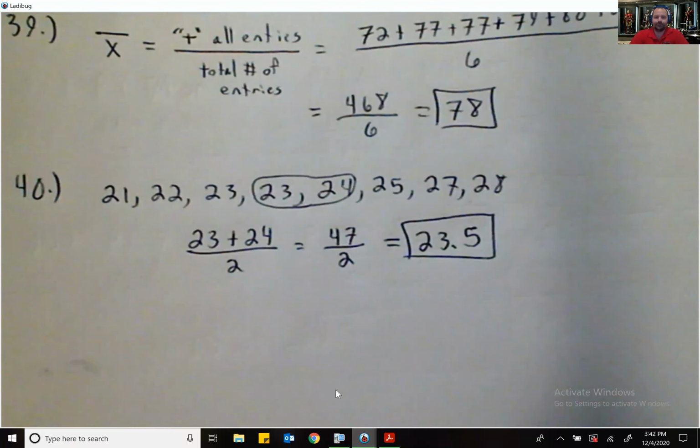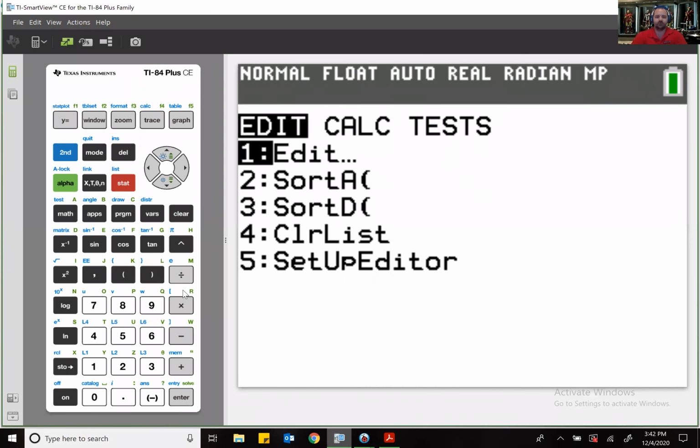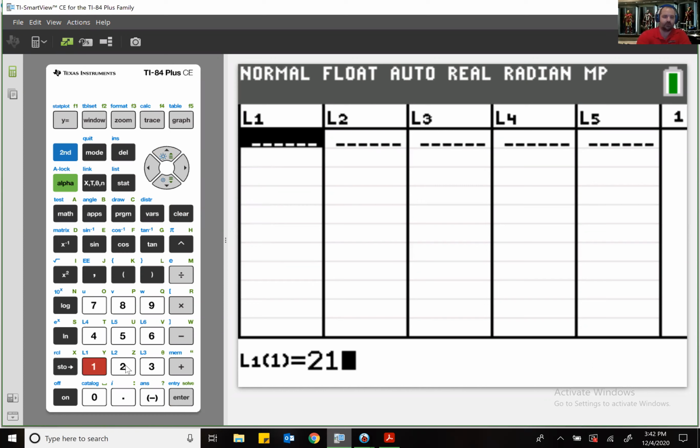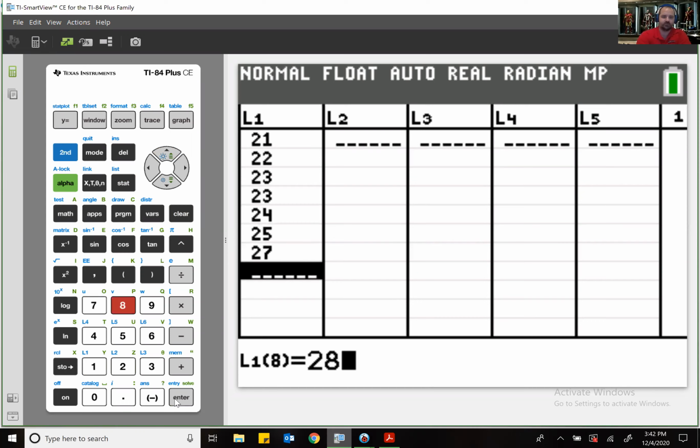There you go. Again, we can go to our calculator and we can put all that stuff under stat. Let's scroll up, hit clear, delete. And then 21, enter, 22, enter, 23, 23, 24, 25, 27, 28.